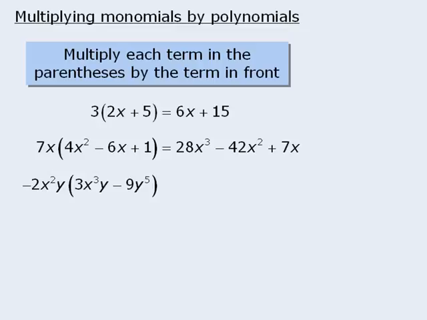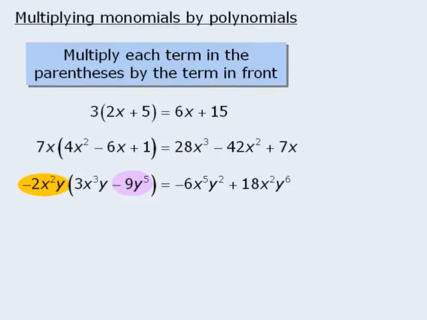Okay, one last example. First, we'll multiply negative 2x squared y by 3x cubed y to get negative 6x to the power of 5 y squared. And then we'll multiply negative 2x squared y by negative 9y to the power of 5 to get plus 18x squared y to the power of 6.